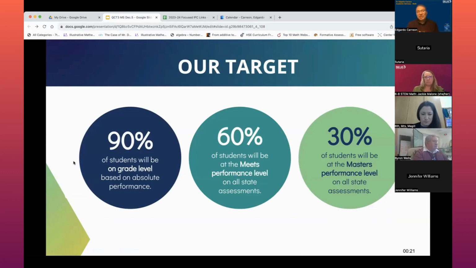For this particular session, we're going to be focusing more towards the 90%, because this is how we can get students to perform and do better in any way possible. So we're trying to aim all of our efforts towards that 90% target.